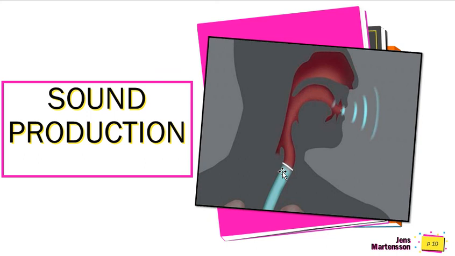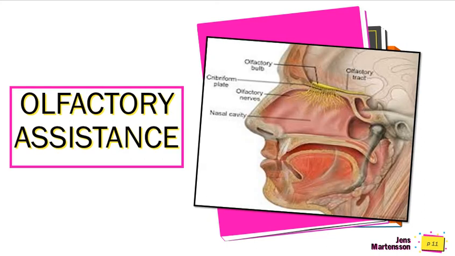Now next we have olfactory assistance. Through the nose as part of the respiratory system, we are able to have our sense of smell. We can smell objects or substances. As here in the illustration, this is our nasal cavity or our nostril, the nose.